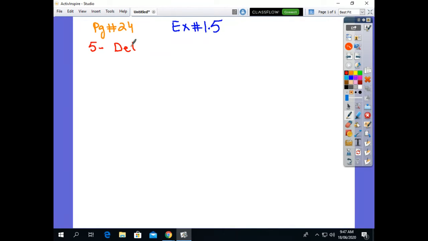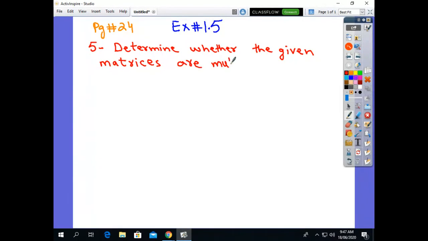Determine whether the given matrices are multiplicative inverses of each other.